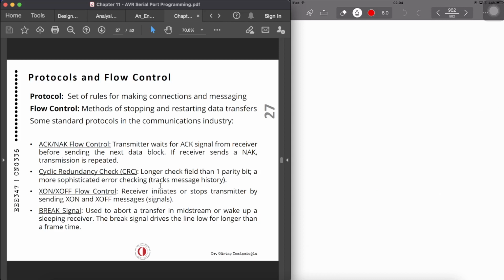And the break signal, as the name suggests, breaks or aborts the transfer in midstream or wakes up a sleeping receiver. So these are some of the protocols or the flow control that we use in serial communication. So how is that going to be connected to AVR, and how are we going to use AVR resources? That's what we are going to see next.